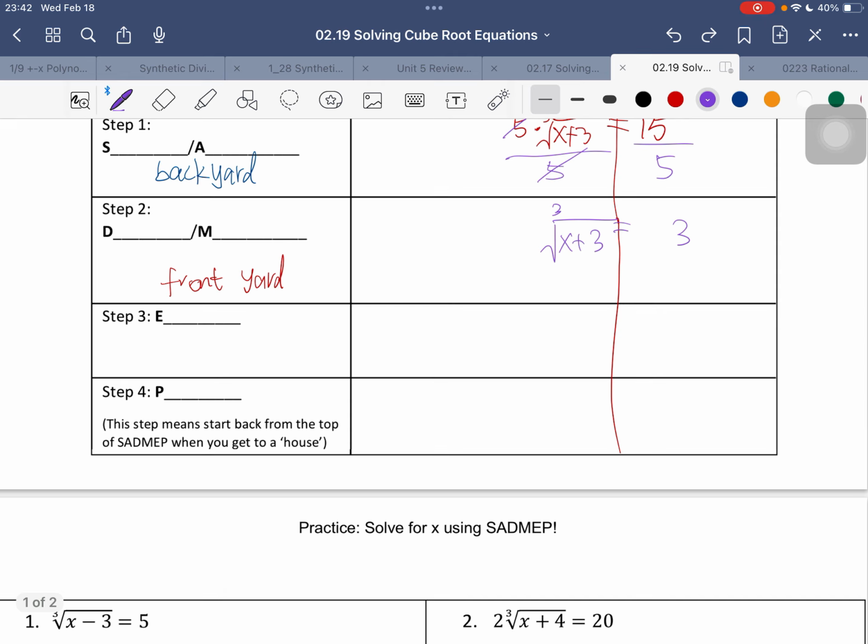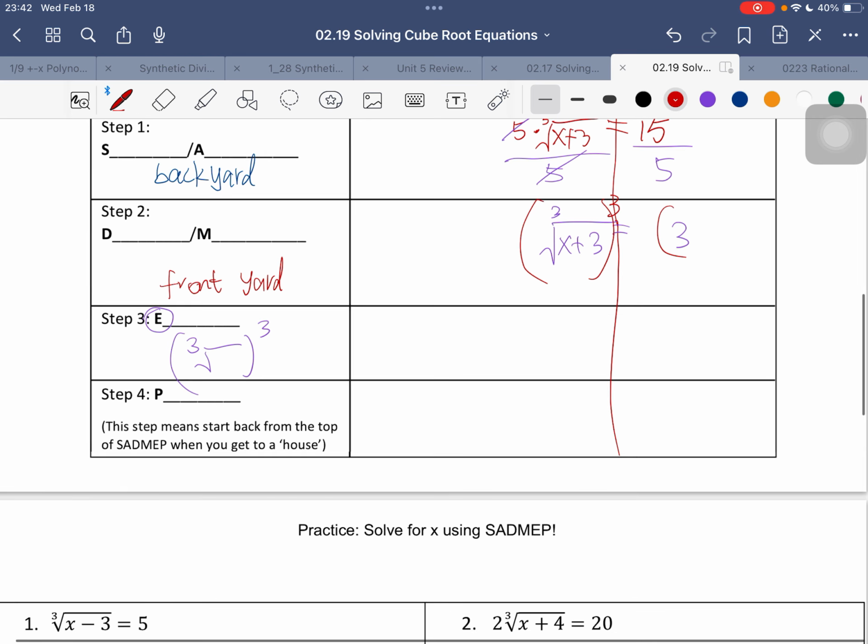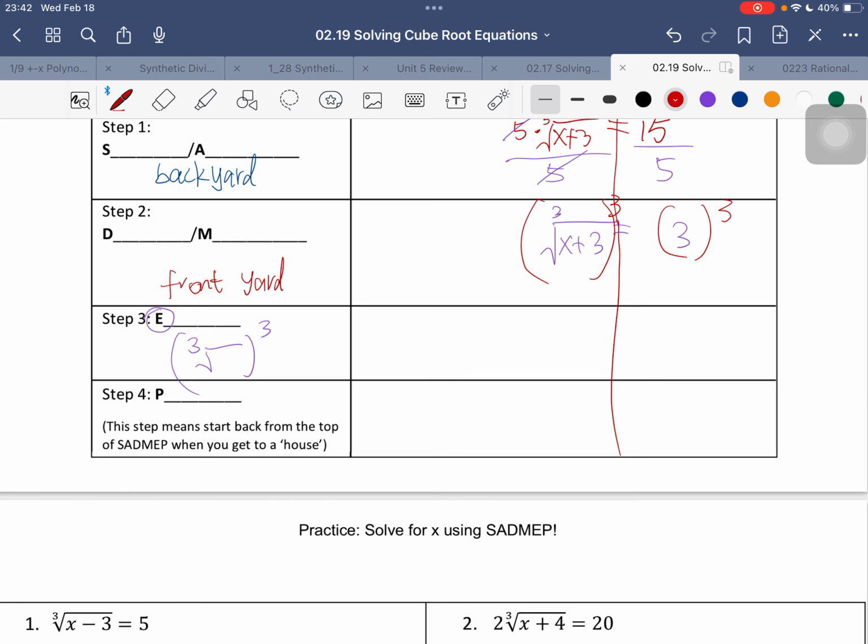And then E means exponent. What's the opposite of cube root? It is cube. So I put cube on both sides of the equation to remove the cube root.